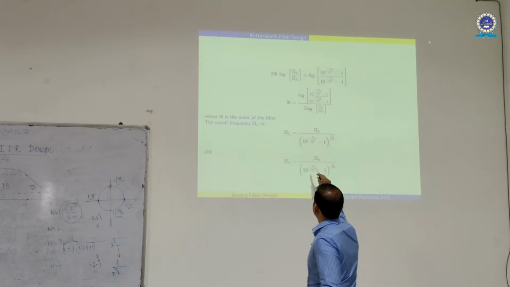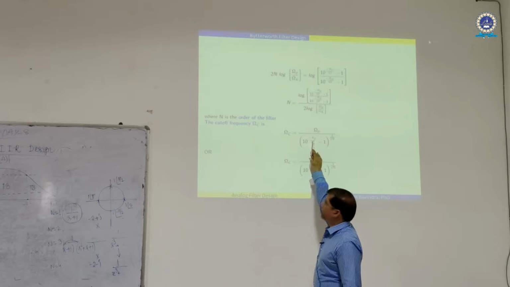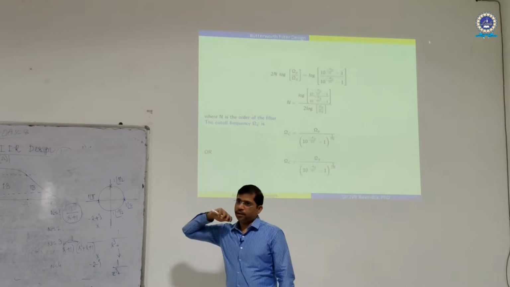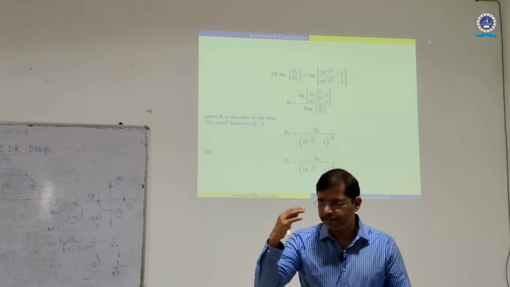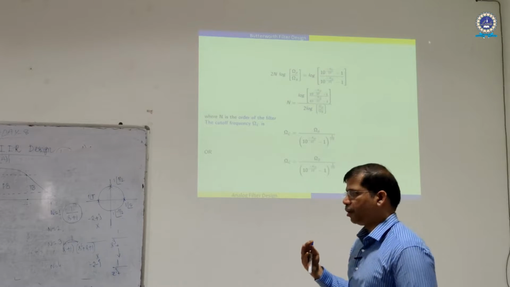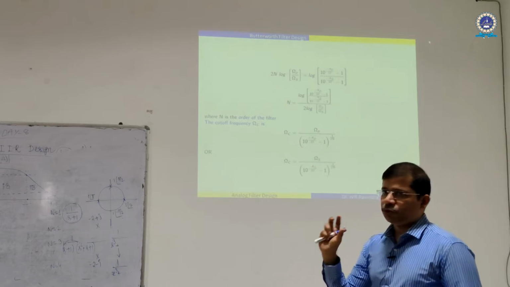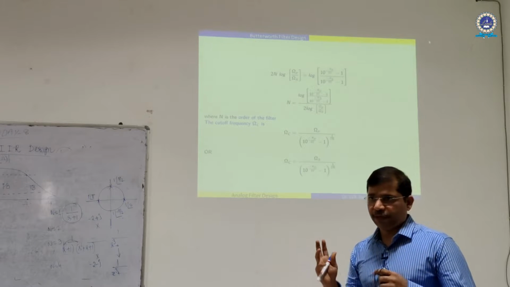If you take the cutoff frequency with respect to the pass band, and you take the cutoff frequency with respect to the stop band, you get different values here. Though we have written this R, always the cutoff frequency should belong to the pass band. It should not belong to the stop band. Okay. So there will be 10 to 15% error, so we have to be careful while we do that.